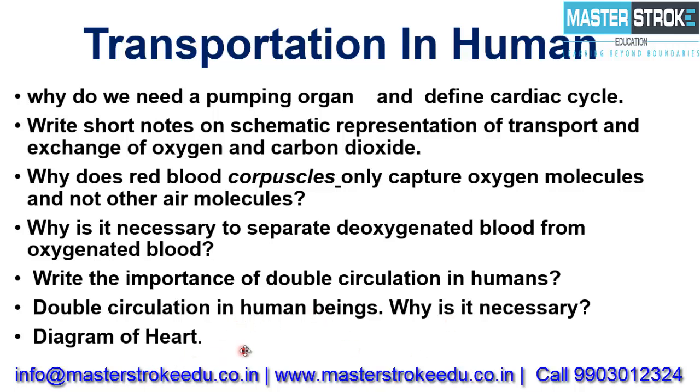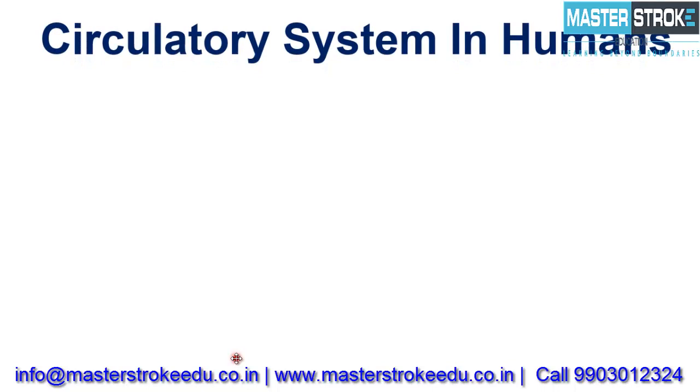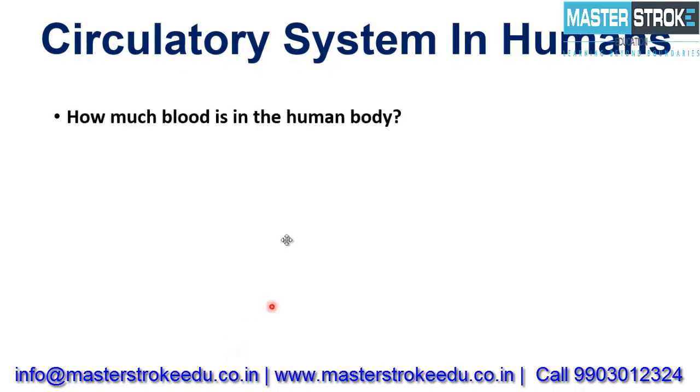Now, as I told you, diagram of heart, simple, you have to provide a simple diagram. Okay. Now, circulatory system in human. How much blood? 4 to 5 liter of the blood, or 4.5 to 5.5 liter of the blood is present in human body. You must need to know that. Blood group, that is the ABO blood group system, that is also important.